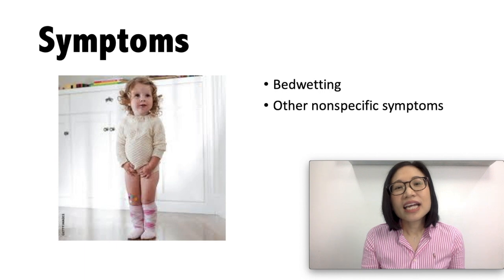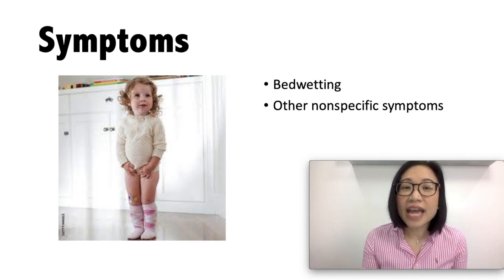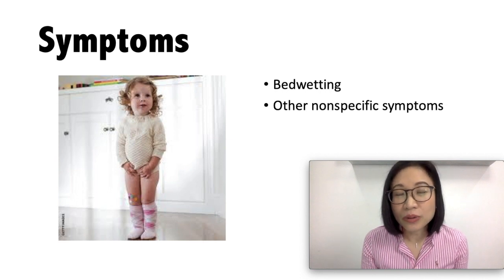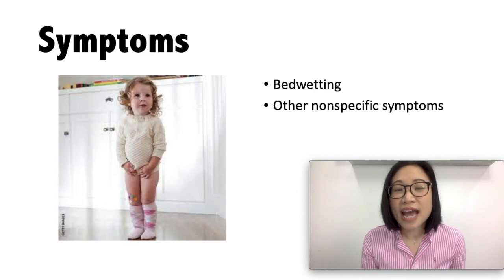Take note, it is difficult to distinguish a lower from an upper UTI based on symptoms alone, although we are more likely to suspect an upper UTI if fever is present.